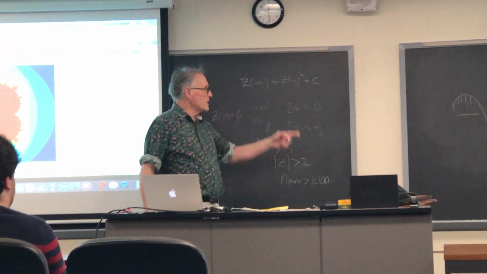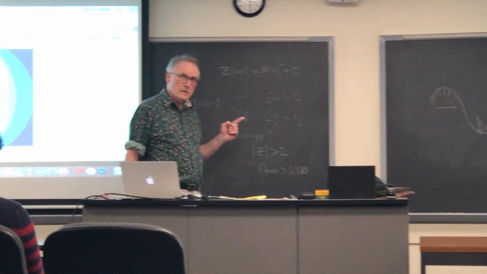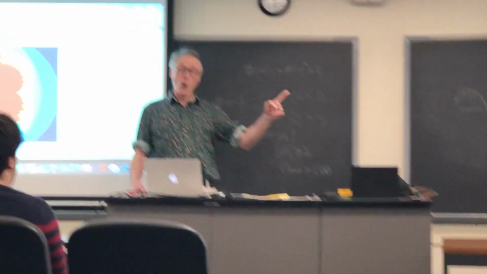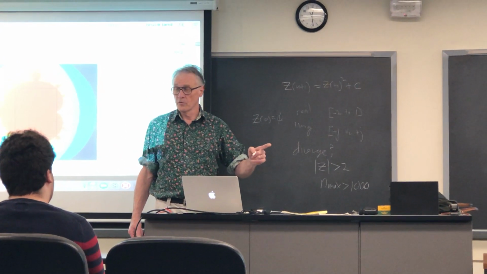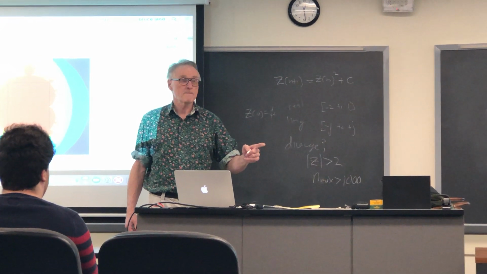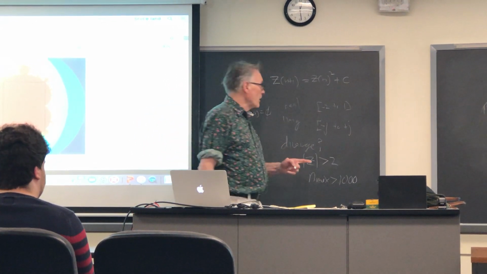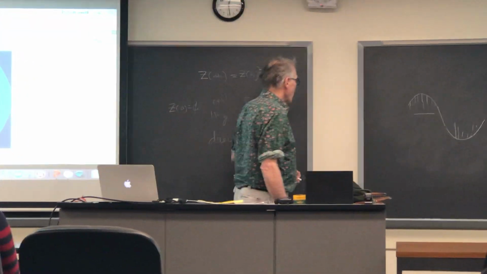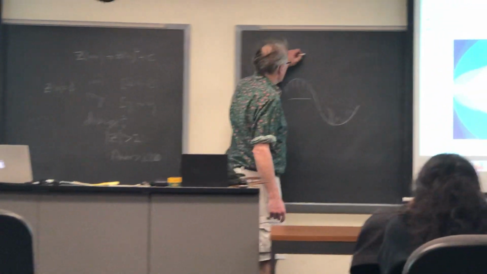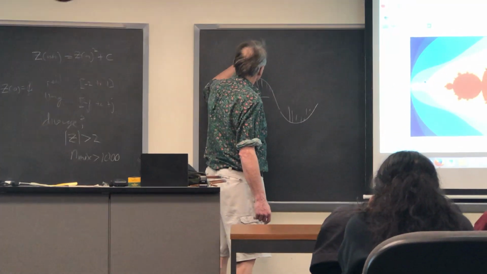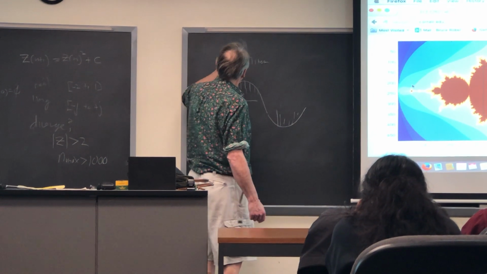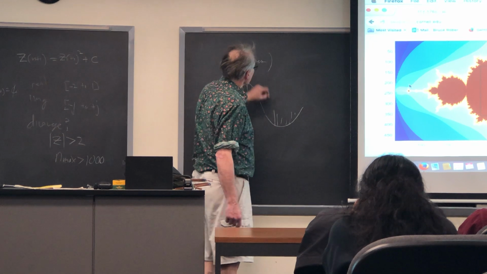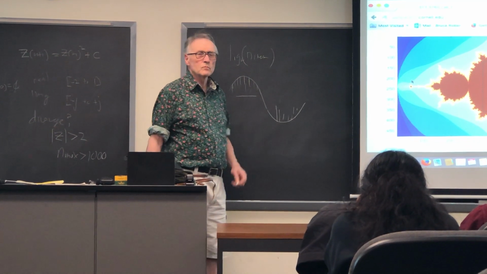Then you're going to run this iteration 1,000 times, or quit if the magnitude ever gets greater than 2. Then take the output number, the iteration count, take the log base 2 of that and plot the color.